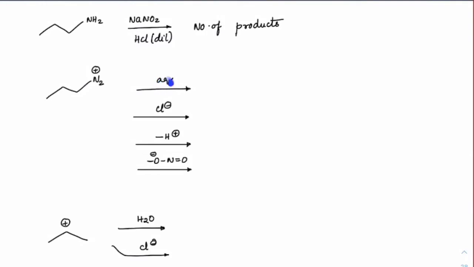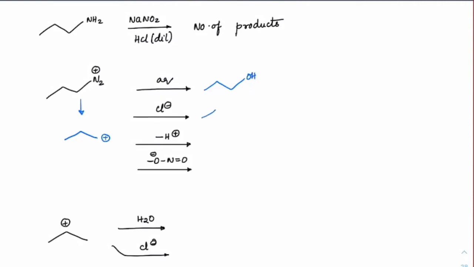In aqueous solution, we know that it can form various alcohols here. The first alcohol that could form is this, which means we are expecting it without rearrangement, right? Without rearrangement, this carbocation can be treated in aqueous solution to get alcohol.